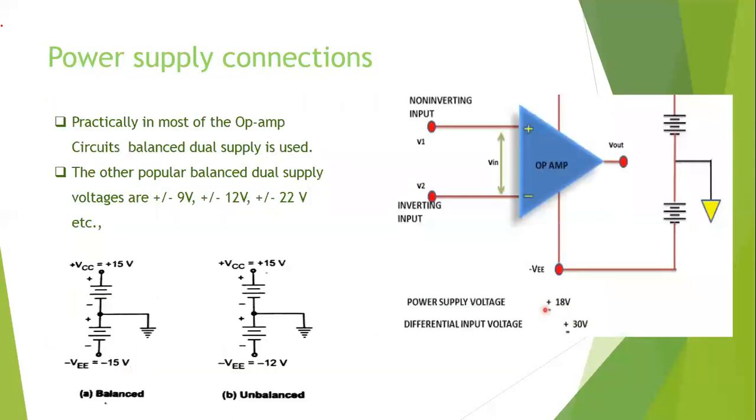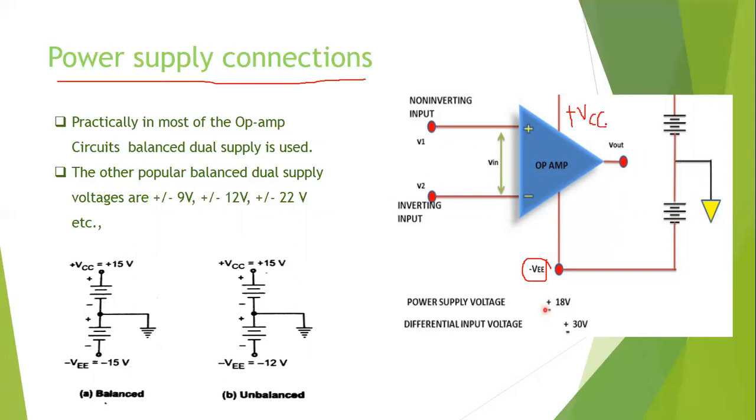Next, we go for the power supply connections. How is the power supply connected in an IC? Whenever we are using an op-amp for practical purposes, how do we connect the power supply? If you see the symbol of the op-amp, you will have two power supplies: one is minus VEE and the other is plus VCC.